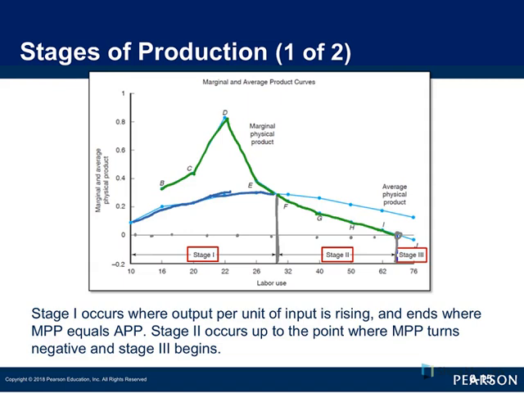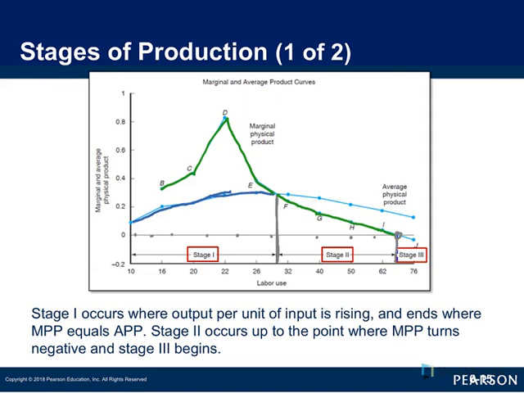We don't operate in stage 1 because our marginal physical product is better than our average, so keep on adding inputs. But we want to make sure that we don't enter stage 3 because we're adding labor, we're adding these inputs, and they're having a zero or a negative effect. And again, why would you add fertilizer to your crops if you know it's going to kill your crops? You're at that point in stage 3 where we don't want to operate.